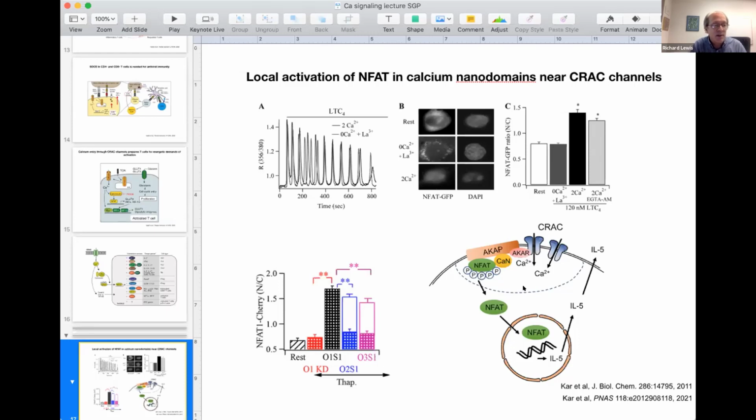And accordingly, cells expressing only ORAI2 or ORAI3 fail to effectively translocate NFAT to the nucleus in response to thapsigargin. So this is an interesting result, as it suggests that ORAI1 may be more capable of activating NFAT-dependent pathways than the other isoforms, which could be significant in systems like mice where the expression of ORAI isoforms changes as the cells differentiate.